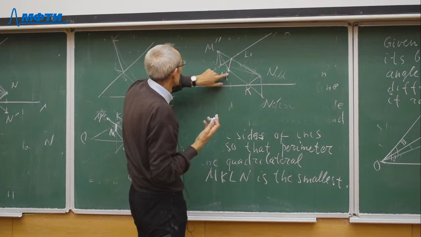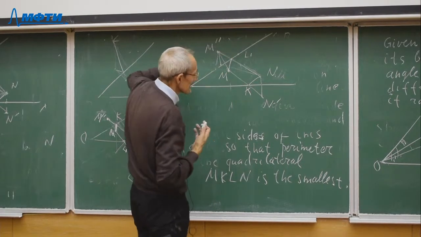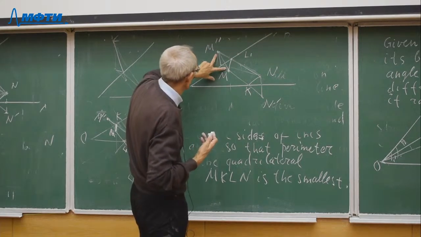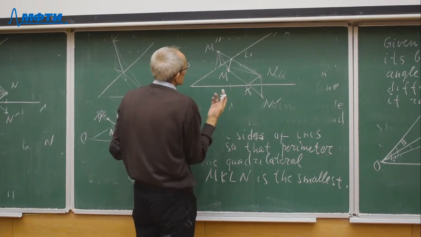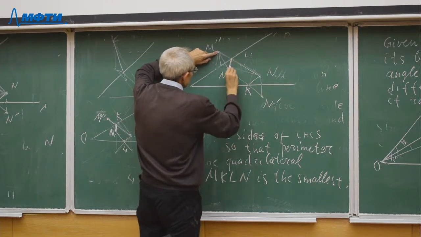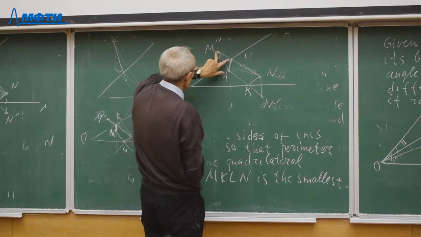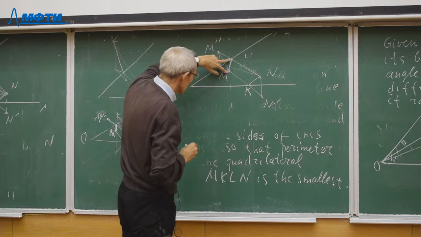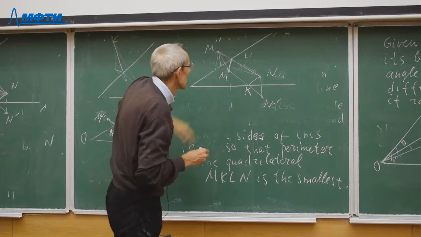I reflect M relative to this straight line, and I use the following observation. The sum of this segment and this is equal to the length of this segment.